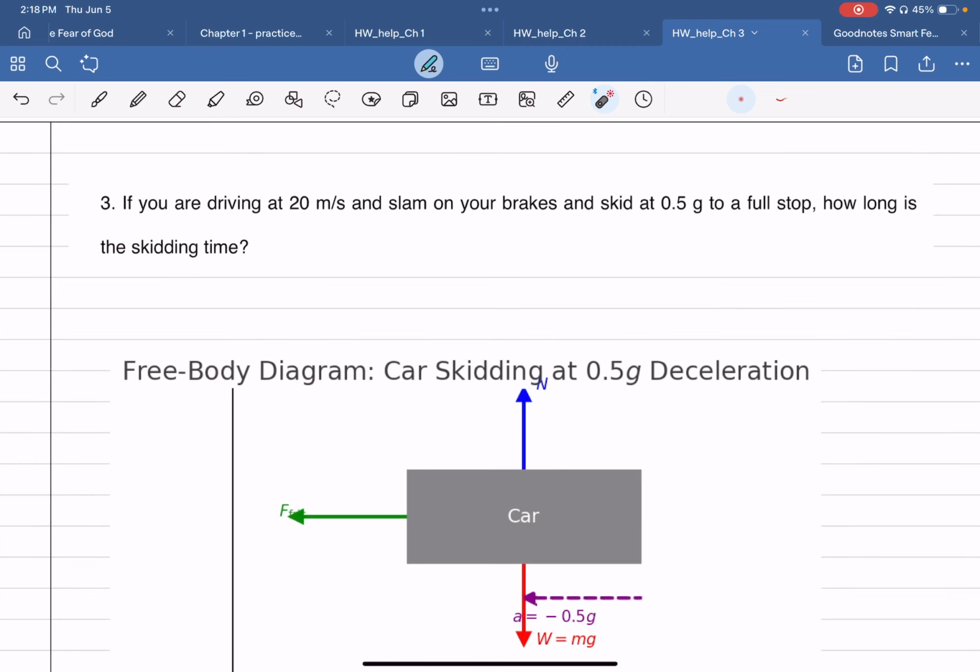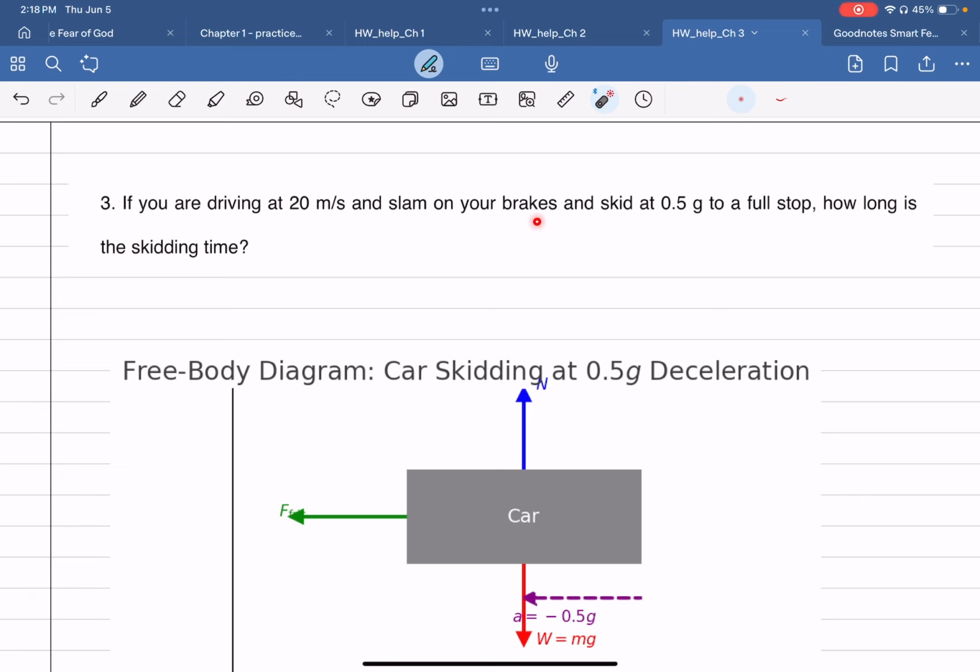Here is question number 3. If you are driving at 20 meter per second and slam on your brakes and skid at 0.5 times g to a full stop, how long is the skidding time? So from this question, you're given the initial velocity. You're driving at 20 meter per second.